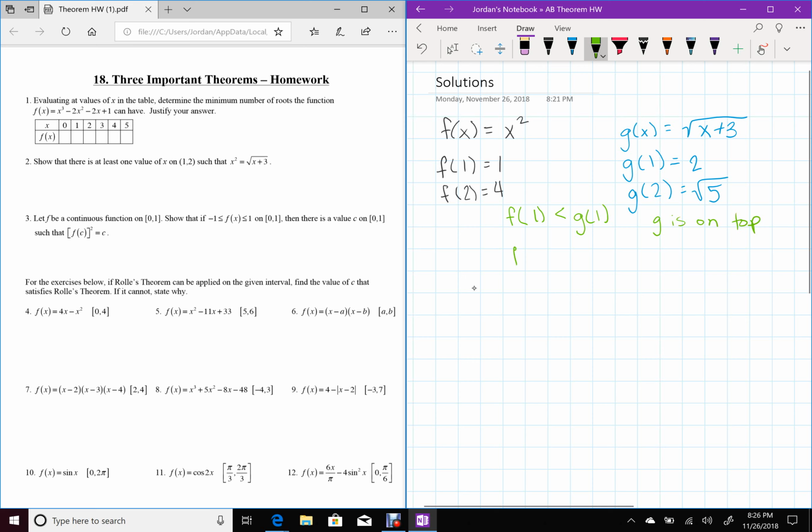And f of 2, because the square root of 5 is less than 4, f of 2 is actually greater than g of 2. So now f is on top.